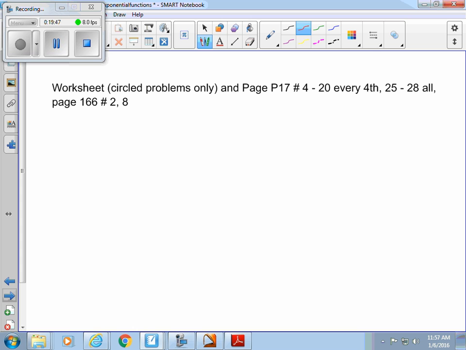Make sure those problems look like exponential function problems. Page P17, and then page 166. I think they're both pretty common. That looks okay, good. And 166.